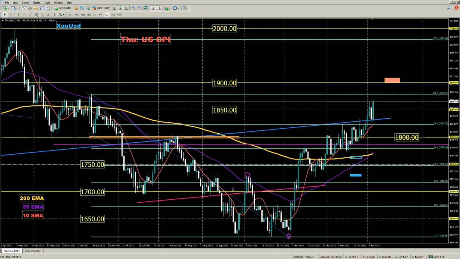There's a swing high that is approaching now. And previously there was resistance around the 786 retracement, and that was broken, and now it's approaching to retest and retrace all that fall from June last year.